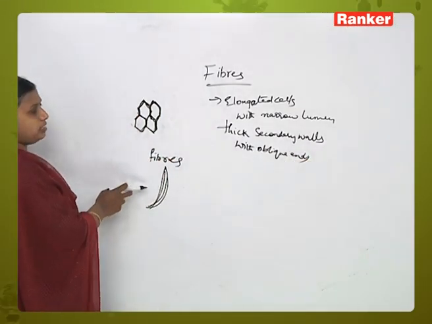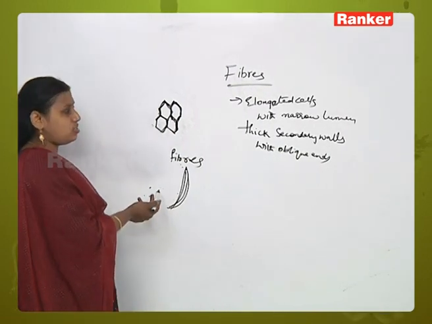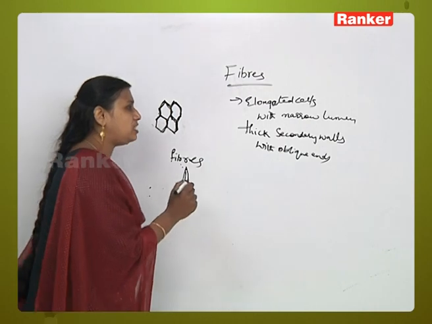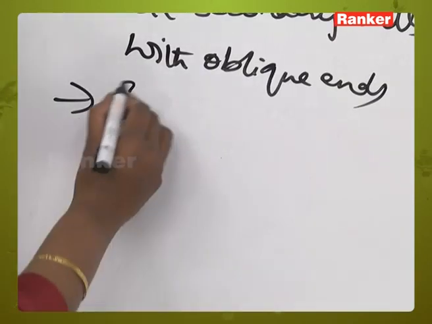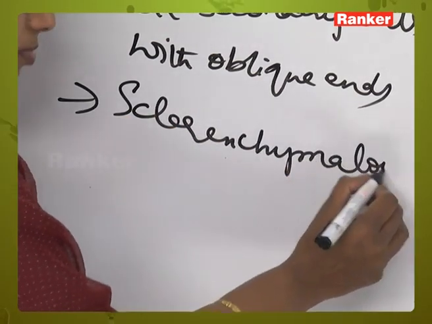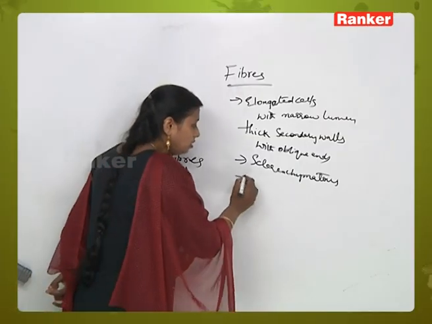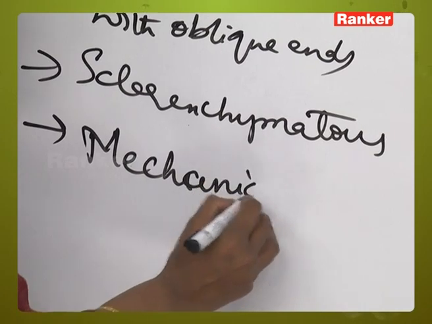These are elongated cells with narrow lumen, thick secondary walls with oblique ends. These type of structures are called as fibers, and these fibers are sclerenchymatous cells which are mainly used for the mechanical strength of the plant body.